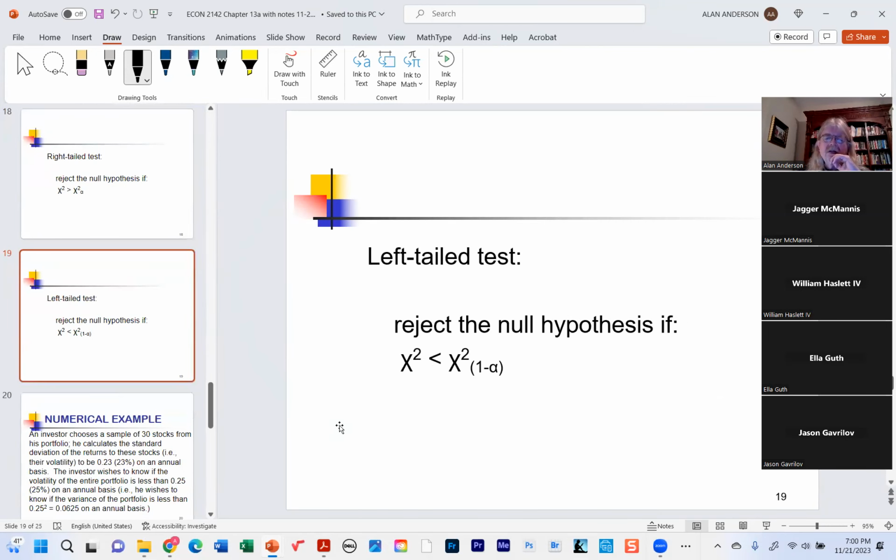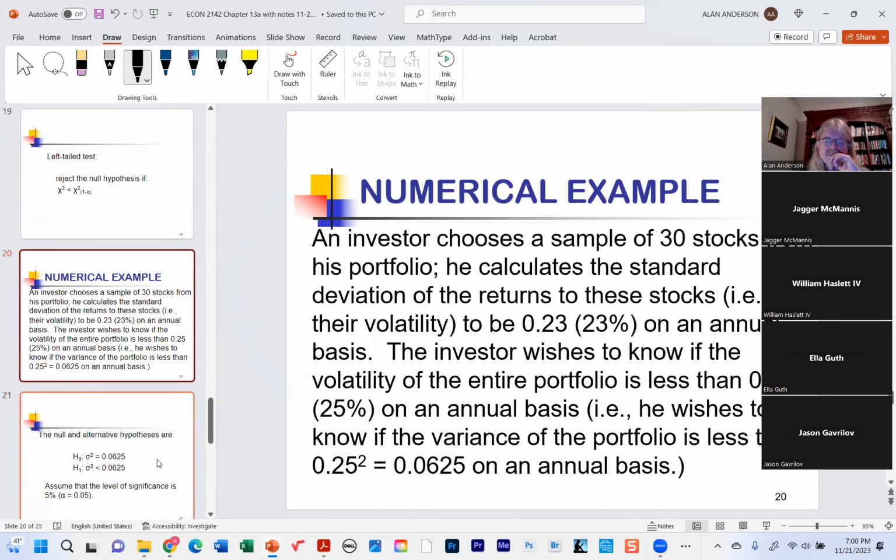All right, finally, we're ready for an example. So we're going to be looking at stocks right now. Now, I don't know if you've had your first finance course or not, but the way we judge a stock is by looking at its rate of return, which is a percentage of some kind. But the way we measure the risk of a stock is with its standard deviation.